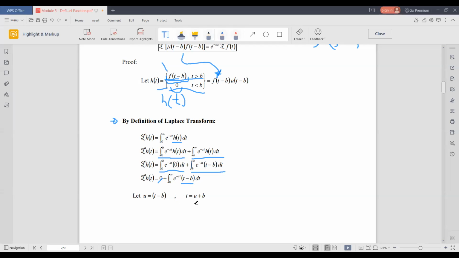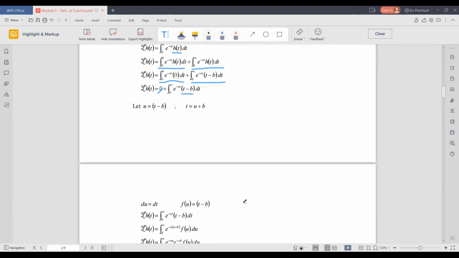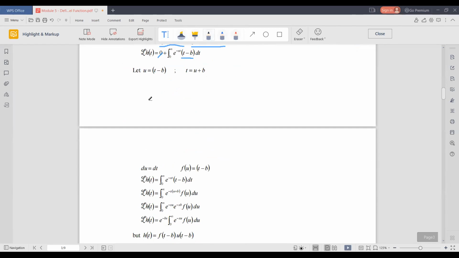Okay, so transpose natin to para makuha natin yung value ng t. Okay, and then you can now have your value. So derivative of u natin, or derivative of t minus b, that is dt. dt na lang natira.